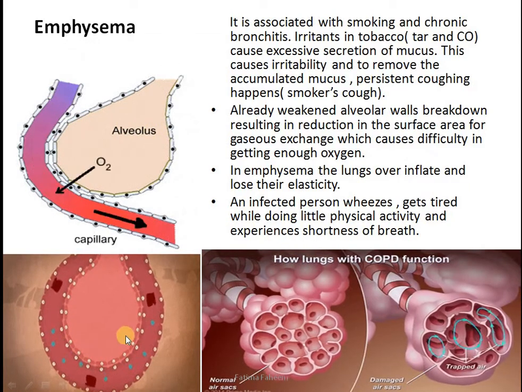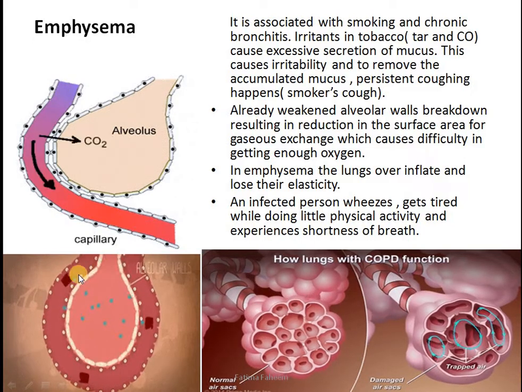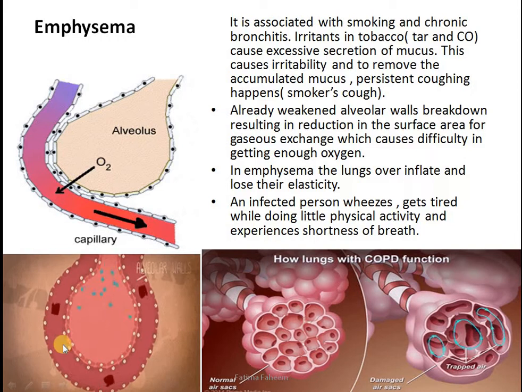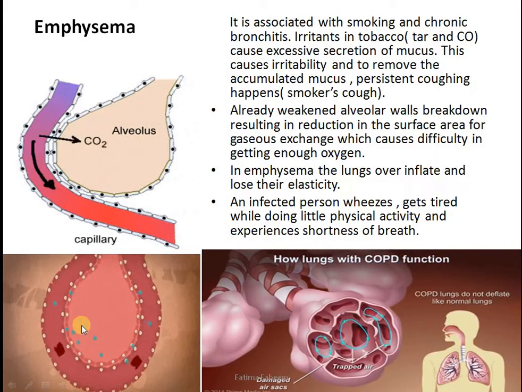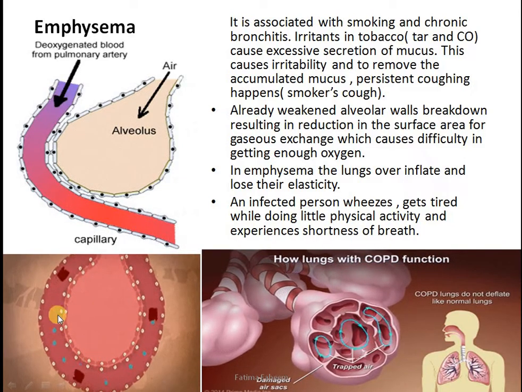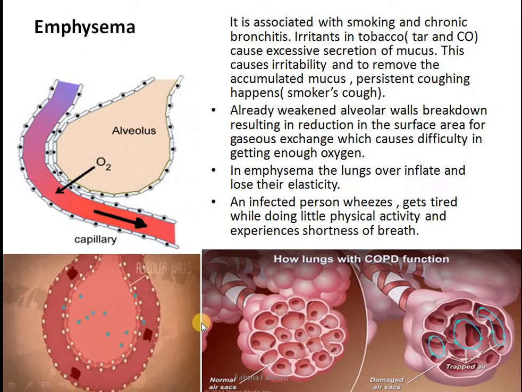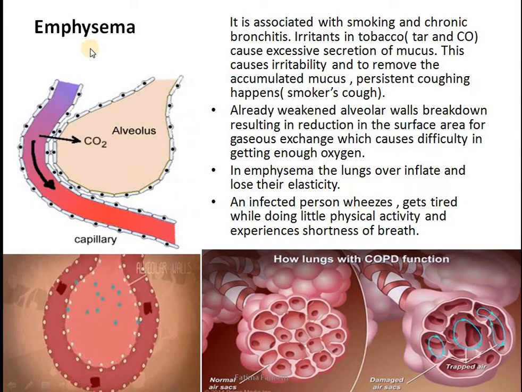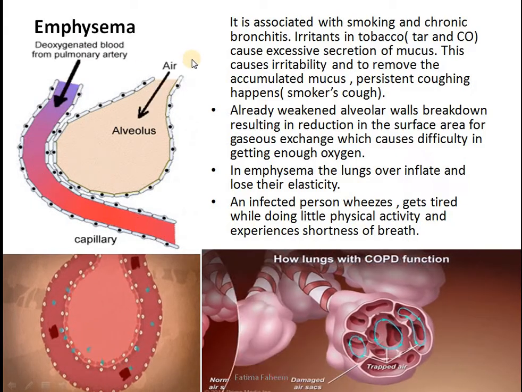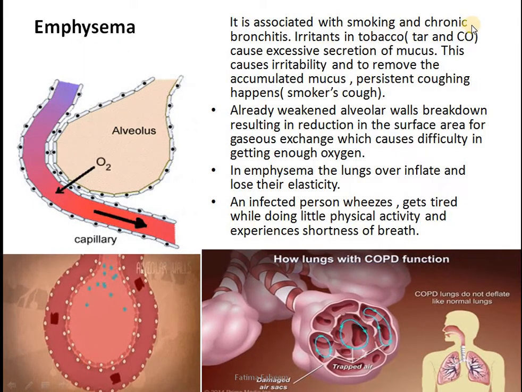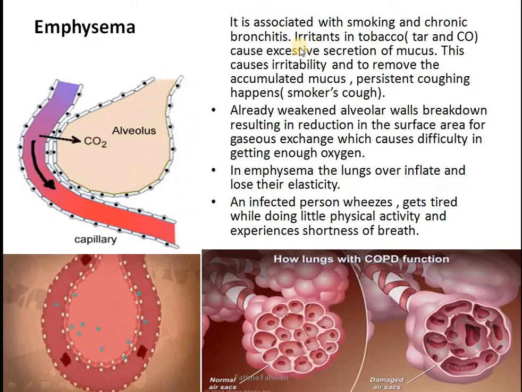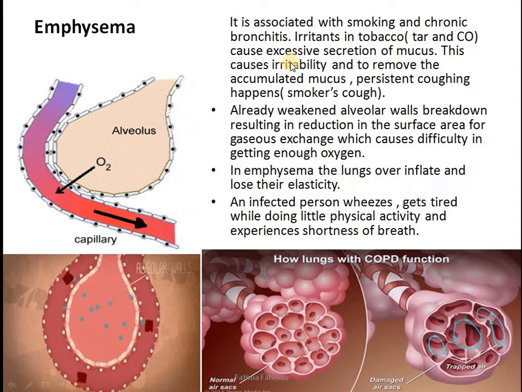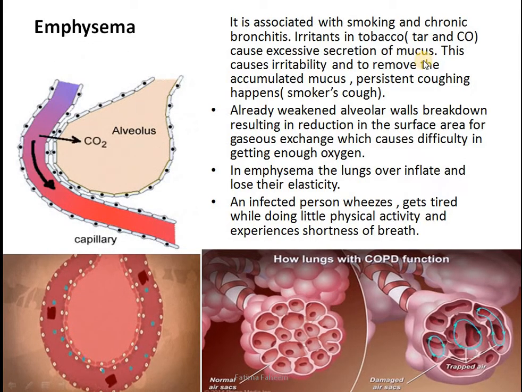Here in this diagram also, I have tried to show you how these gases are being exchanged, because the alveoli is one cell thick and it is providing greater surface area for gases to be exchanged, both gases, carbon dioxide and oxygen. So what happens in emphysema is that since it is associated with smoking and chronic bronchitis, irritants in tobacco, the tar and carbon monoxide, cause excessive secretion of mucus.